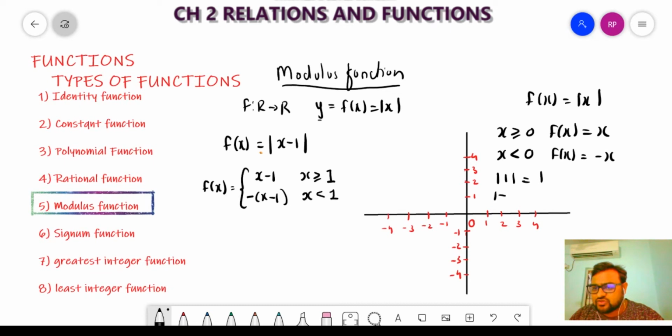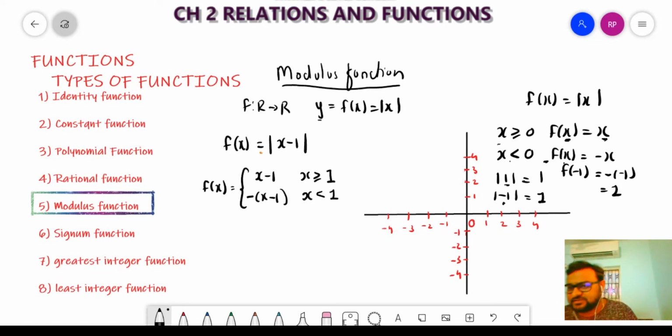And what is modulus of minus 1? That is also 1. So when I take x as 1, greater than 0, this function will be 1. But when I take x as minus 1, means x less than 0, f of minus 1 will be equal to minus of minus 1, because less than 0, so I need to apply the minus sign. So minus minus plus, I got the value plus, right?